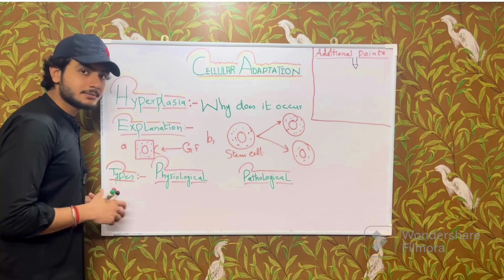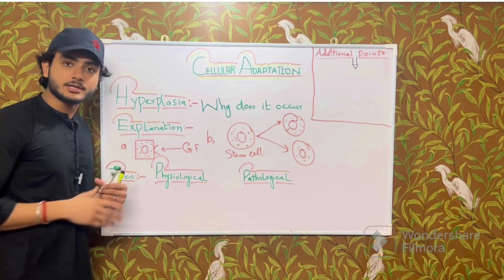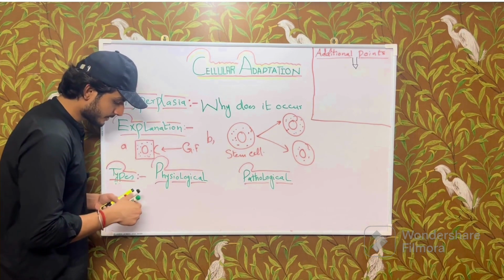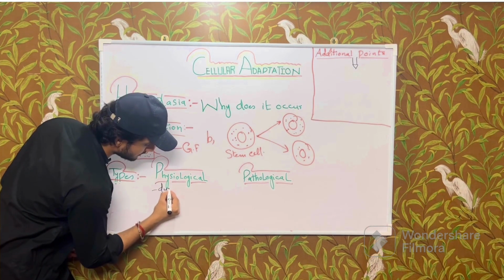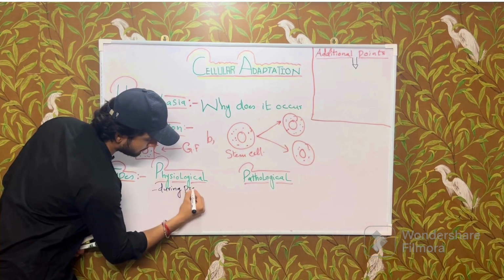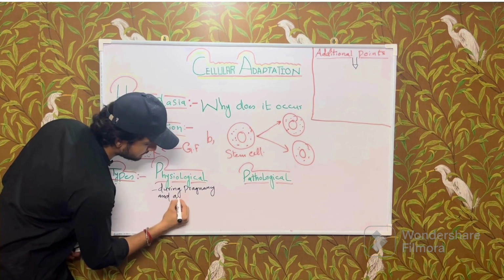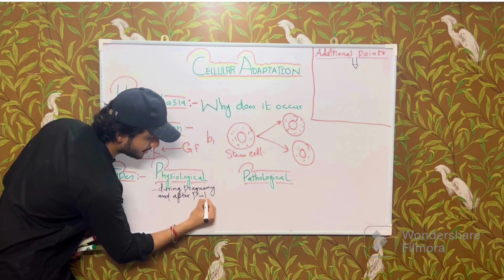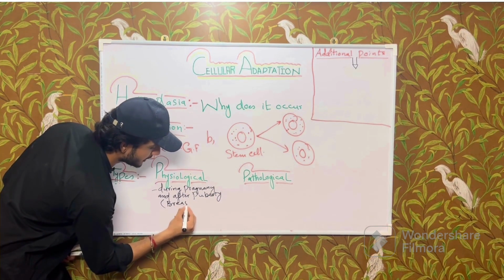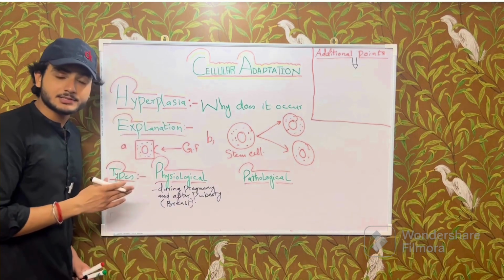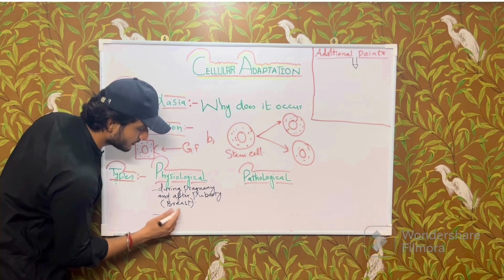Physiological hyperplasia occurs in the breast during pregnancy and after puberty. So it occurs during pregnancy and after puberty, and it occurs in the breast. Okay, so this is the first example. Now let's talk about the second example.